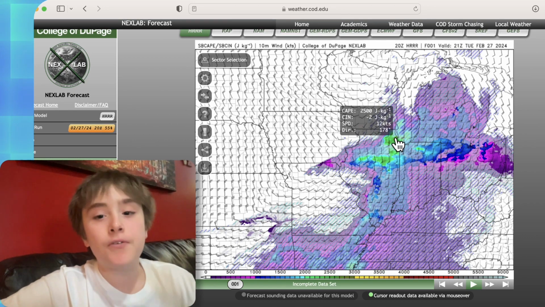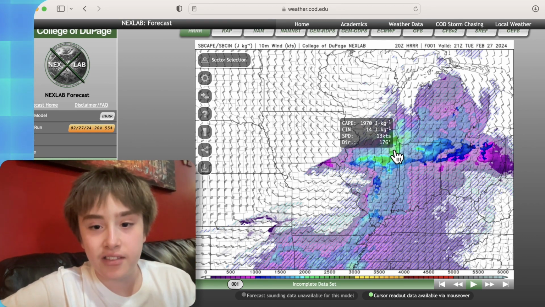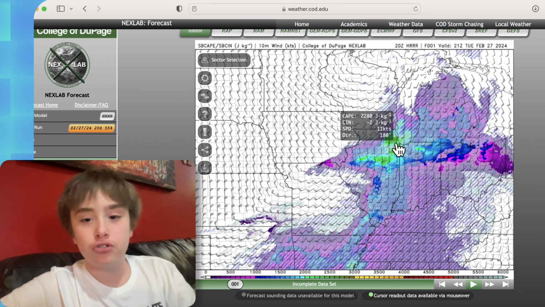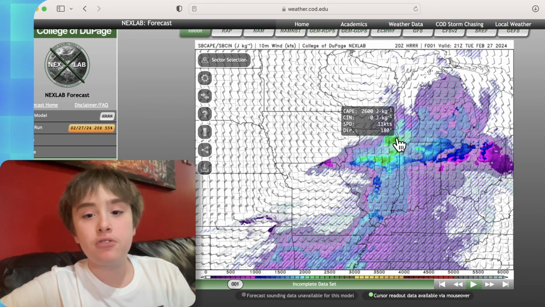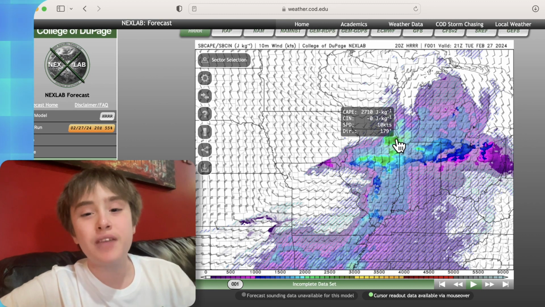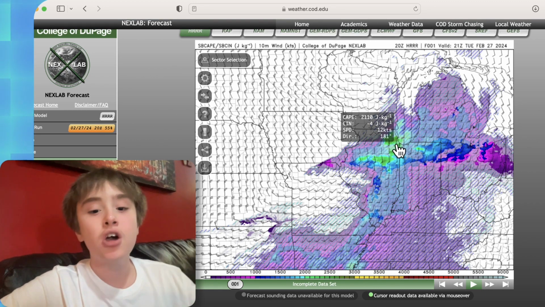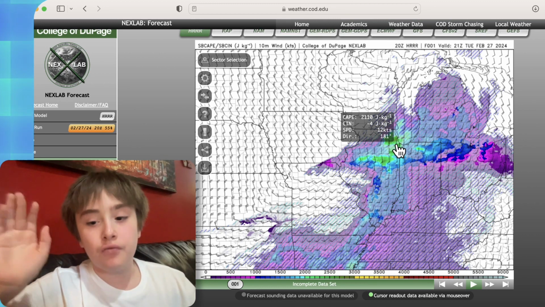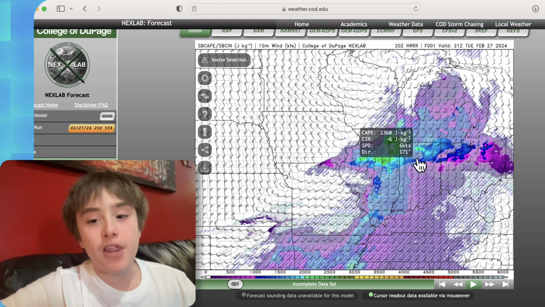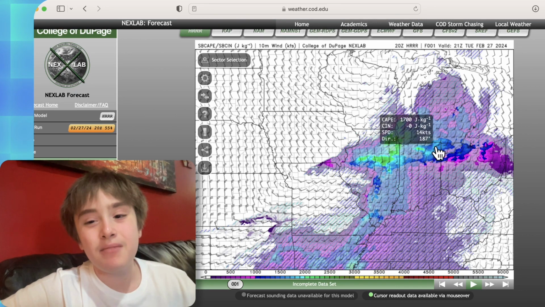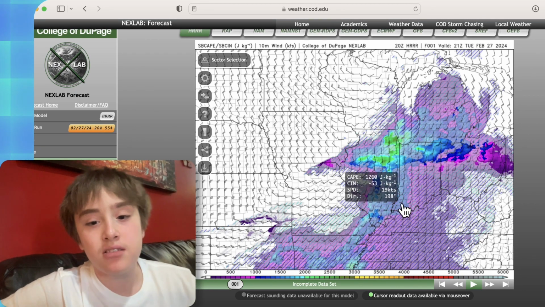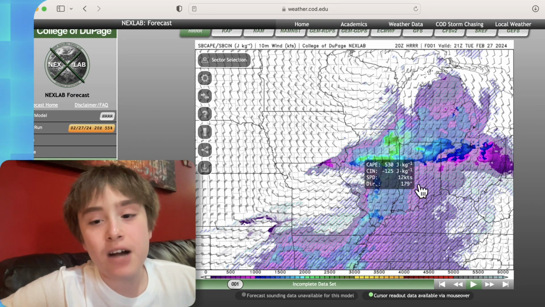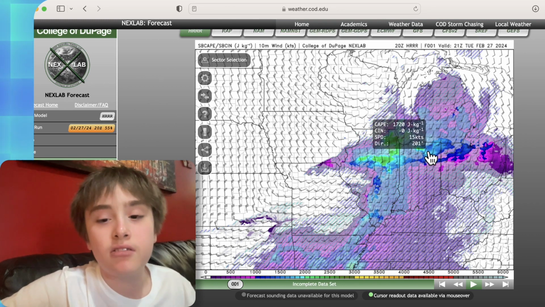Storms can feed off of this amount of energy, and this is up to 2,200 joules per kilogram, all the way up here to Chicago. There are areas of 2,700 joules per kilogram, which, just so you know, is pretty good for any storm potential. That really helps storms develop. And even outside the main hot spots, there's around 1,000 to 1,500 joules per kilogram.